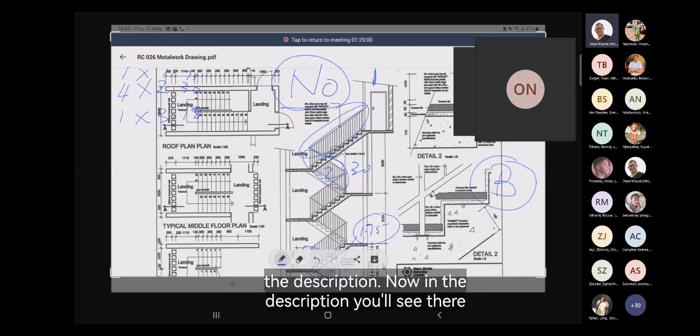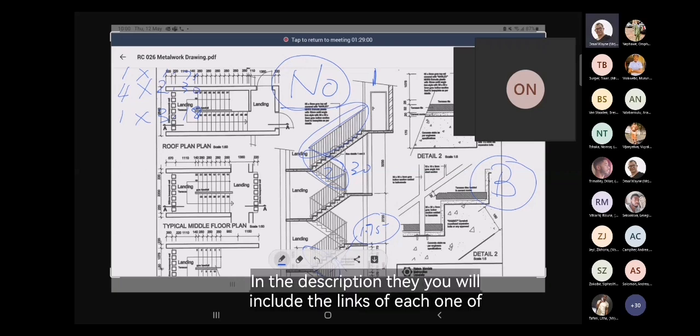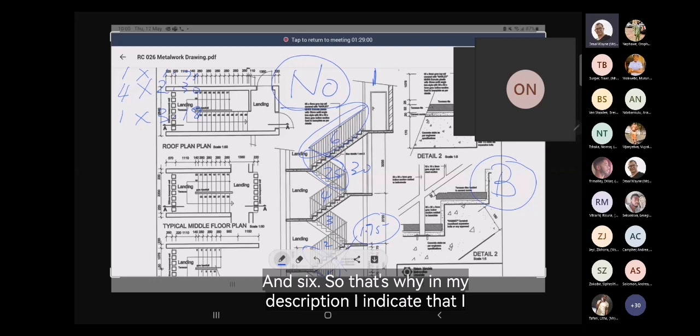Now, in the description, you'll see there's a mistake there. It shows 18, but that's not 18. In the description you will include the lengths of each one of those. So if we have a look, and we've counted them, I have 1, 2, 3, 4, 5, and 6. So that's why in my description I indicate that I have 6 raking flight lengths.